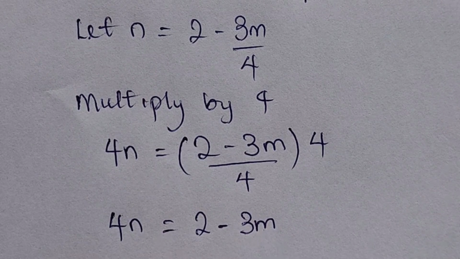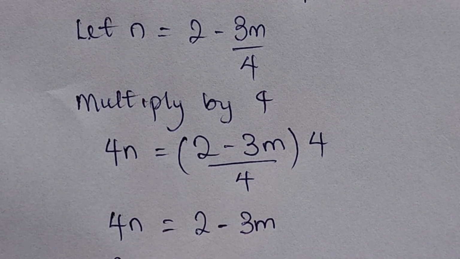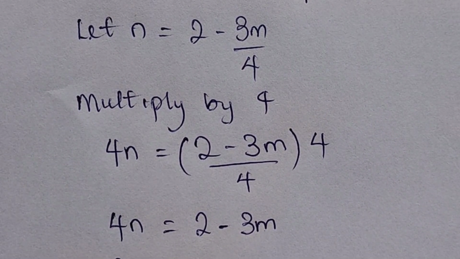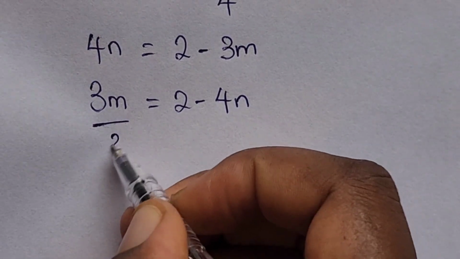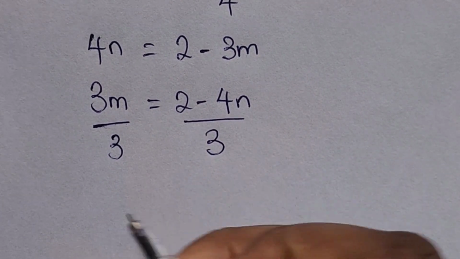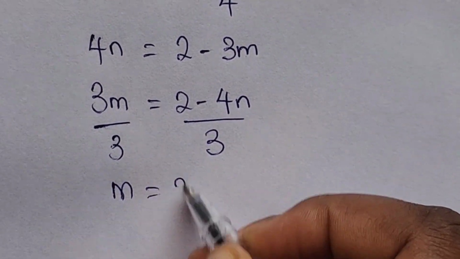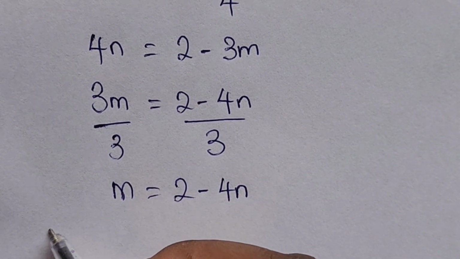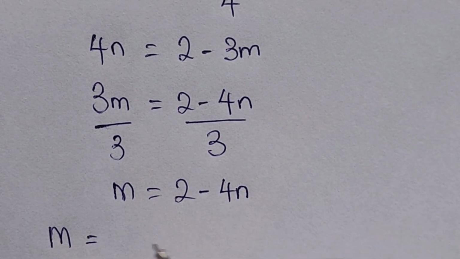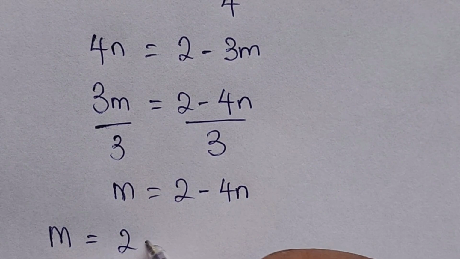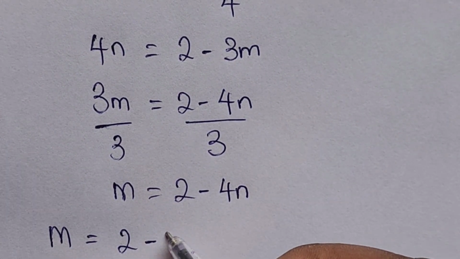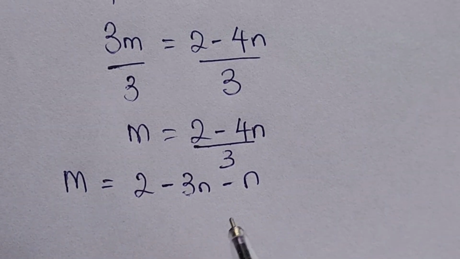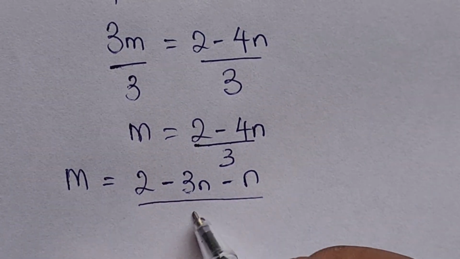So when we make m the subject, we have 3m is equal to 2 minus 4n. So let's divide by 3. This will give us m equal to 2 minus 4n over 3. We have 2, and we have our minus 4n is the same as 3n minus n, all over 3.